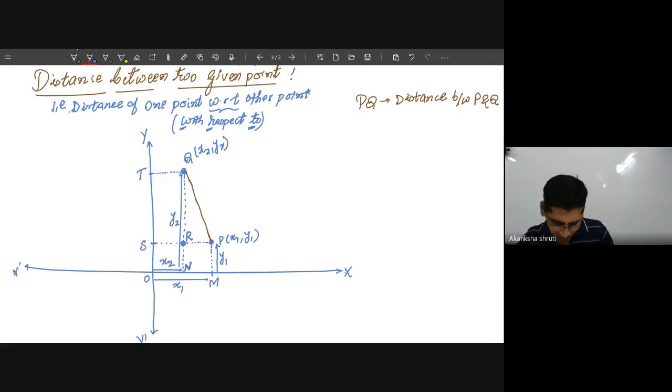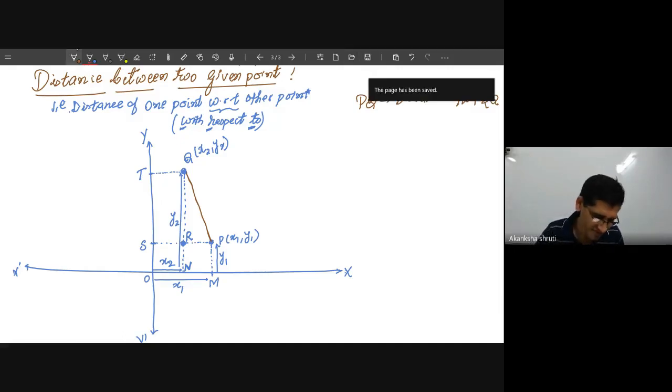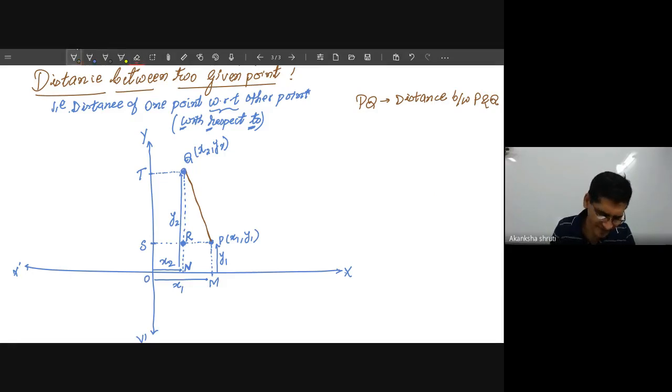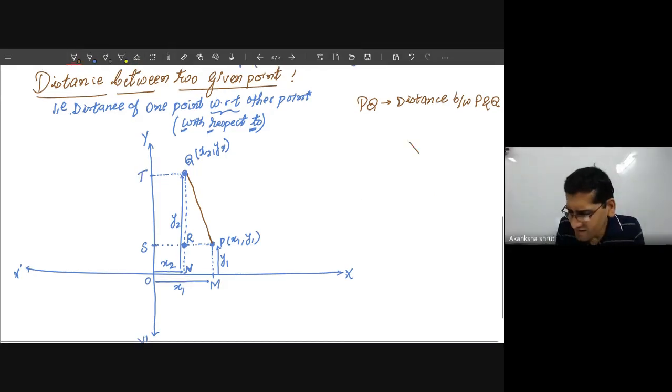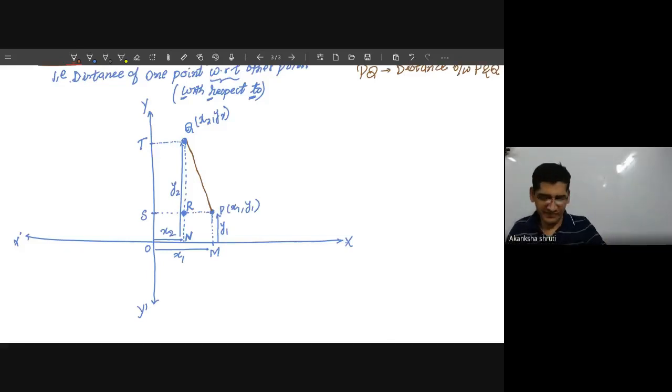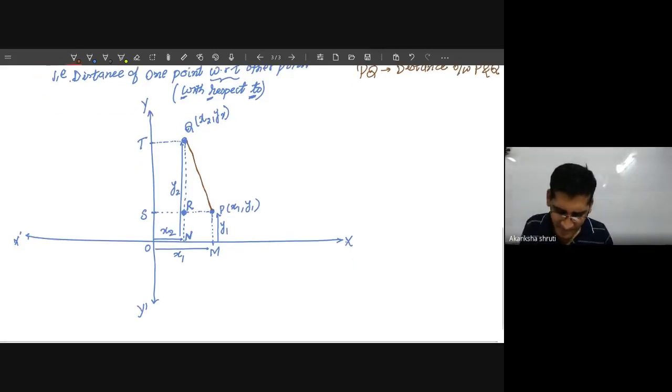Means if we are given the figure that I have drawn here side by side, that has been erased, it was like this one.